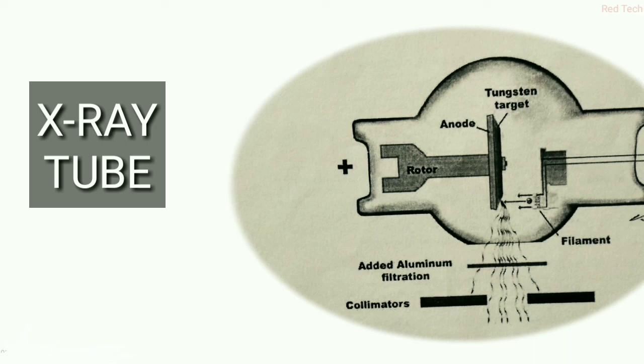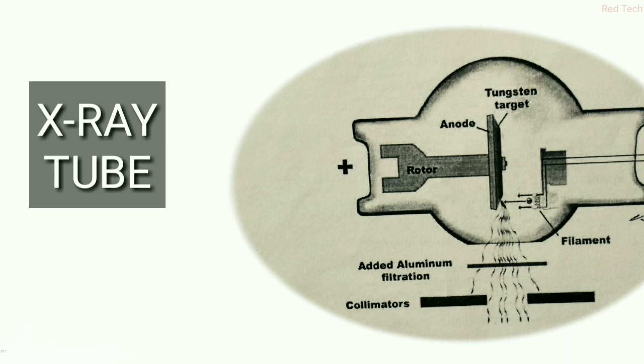You have to remember that when electrons hit the anode, 99% of the energy is wasted as heat, and only 1% of the energy produces X-rays. So this is basically the whole process, how the electrons play a role in X-ray production.